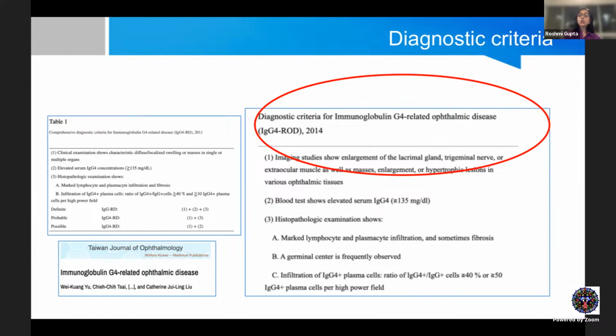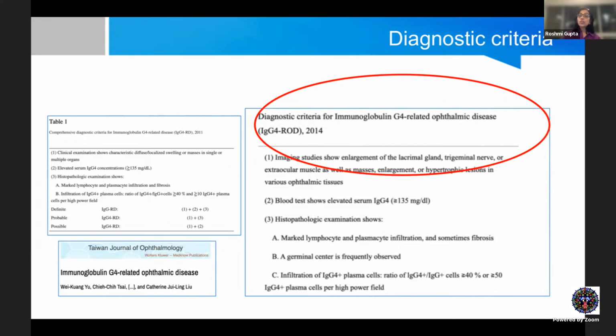Blood tests should show elevated serum IgG4 more than 135. Histopathology should show lymphocyte and plasmacyte infiltrate and sometimes fibrosis, and IgG4 to IgG ratio more than 40%, or more than 50 IgG4 plasma cells per high power field. So you can see the criteria are slightly different between the systemic and the ophthalmic disease.